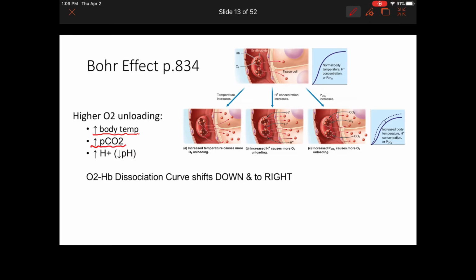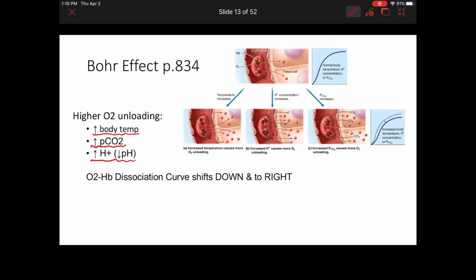Also, a factor that influences how efficiently oxygen binds to hemoglobin is the amount of acids present in blood, which we simply describe as the pH. So the lower the pH, or the more acids that are present, the more likely oxygen is going to be discharged from hemoglobin.